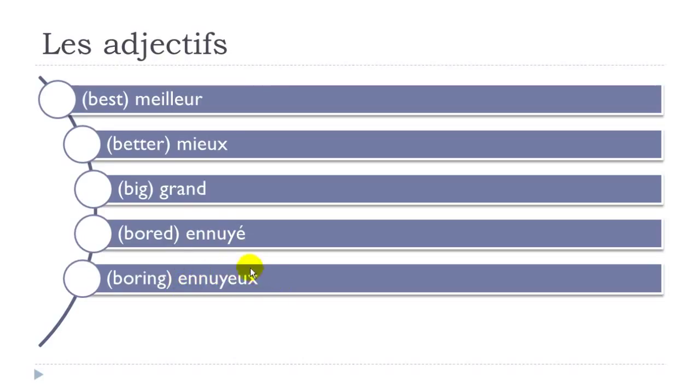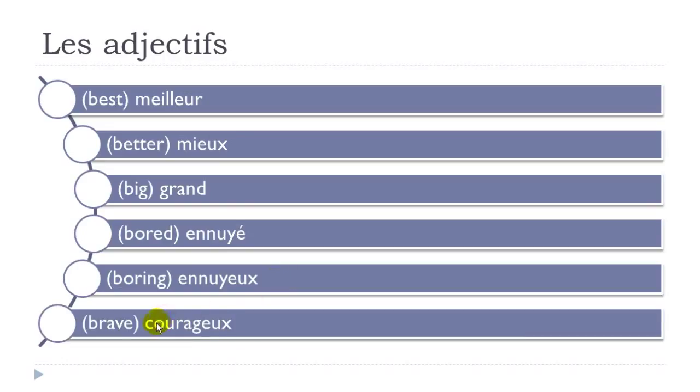Ennuyeux. Okay, final X not pronounced, and then the same concept. Ennuyeux. Courageux. Final X not pronounced, and then you've got this U, E, and G plus E. After that it's je, so je, okay?